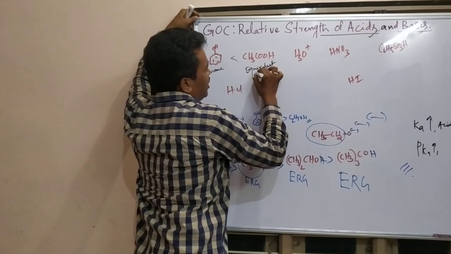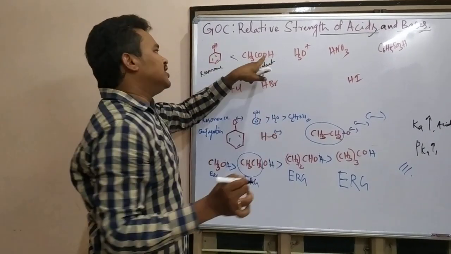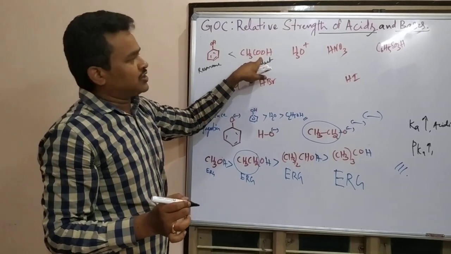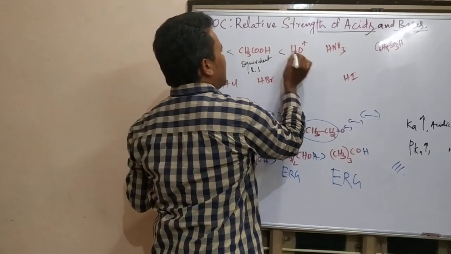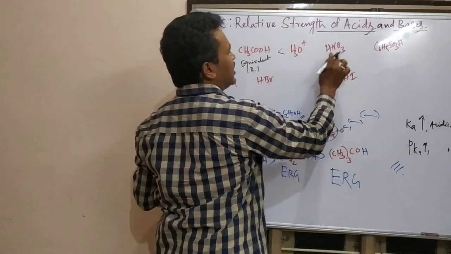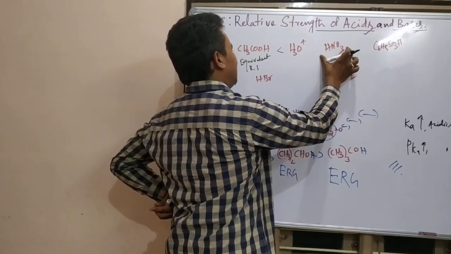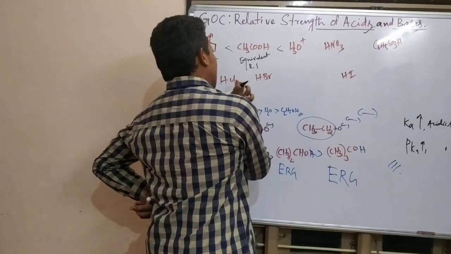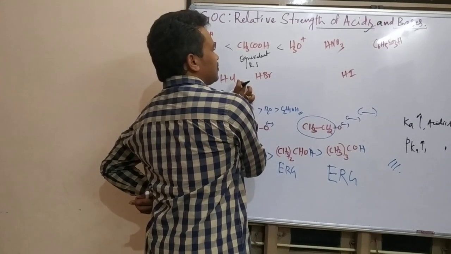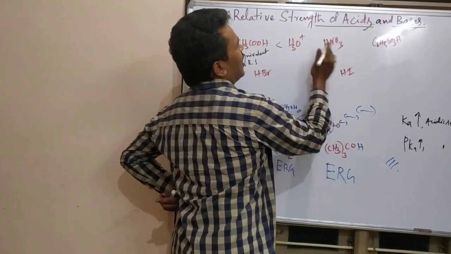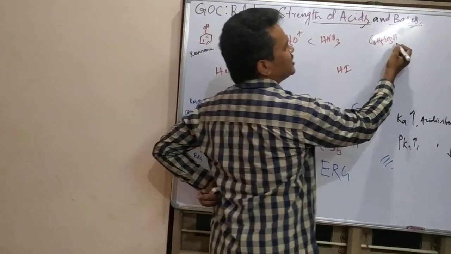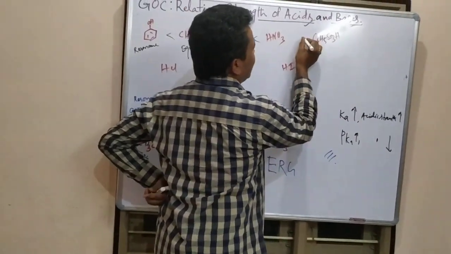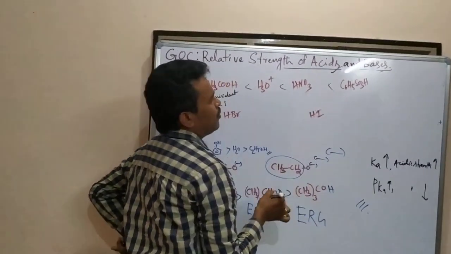Equivalent resonating structures. Based on that, it is stable, so that acid is stronger. So comparatively, water is weaker. After that, HNO3, a well-known acid, HCl, we know that. Compared to water, HNO3 is strong, we know. This is benzene sulfonic acid. Based on practical data, this will be stronger.